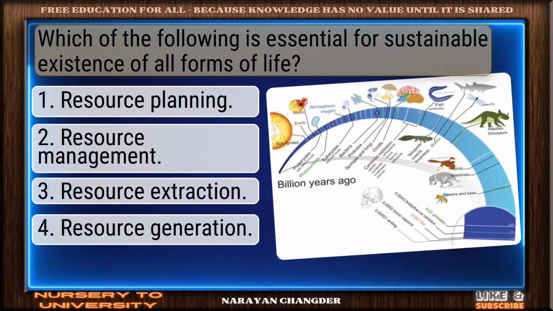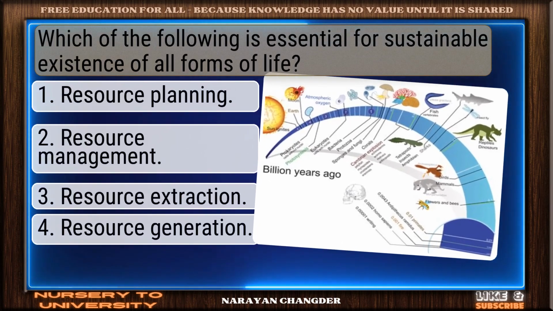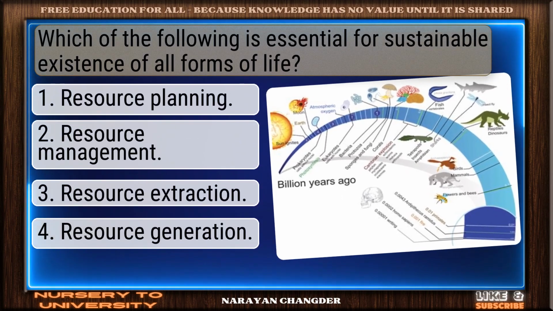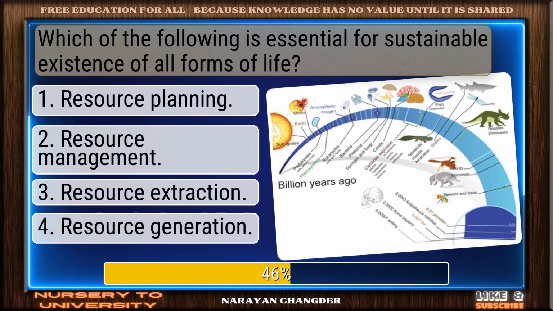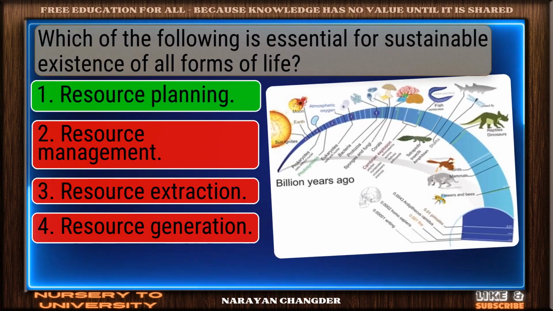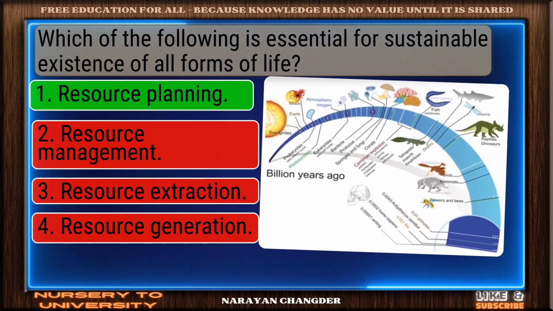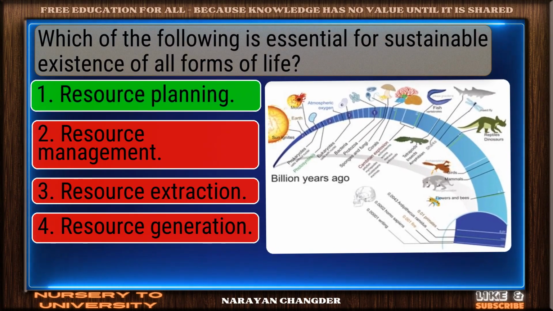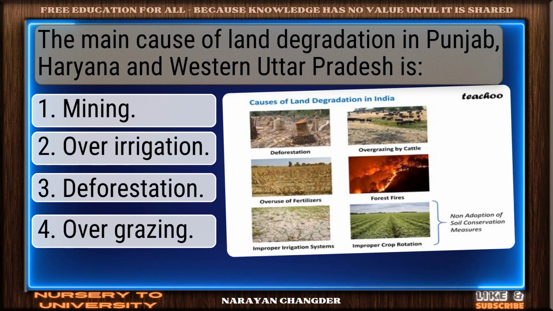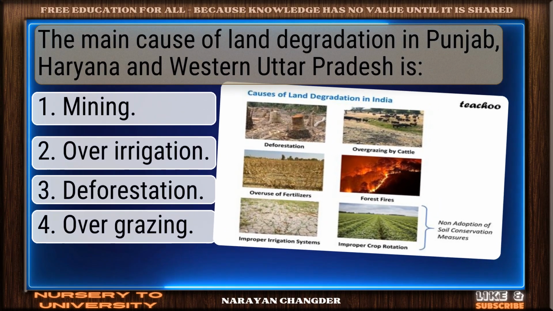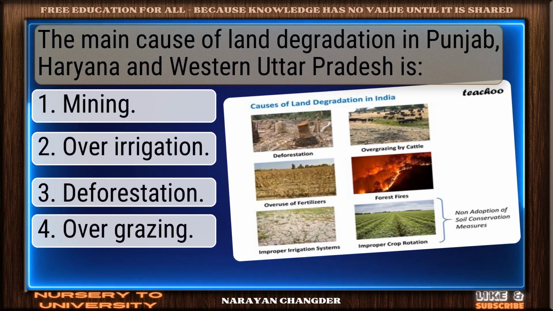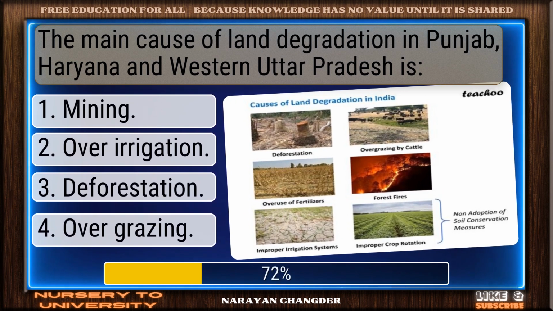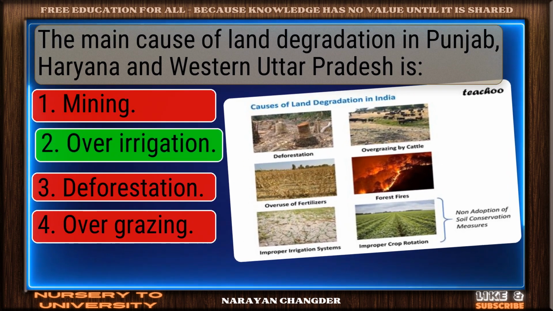Which of the following is essential for sustainable existence of all forms of life? Solid response. Resource planning is valid. The main cause of land degradation in Punjab, Haryana and Western Uttar Pradesh is. Excellent.